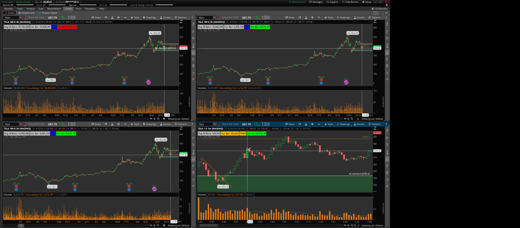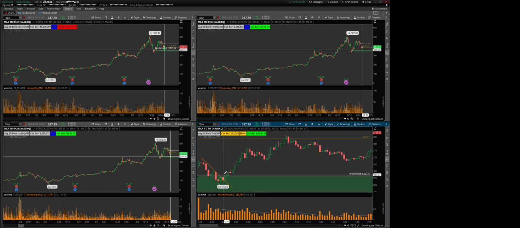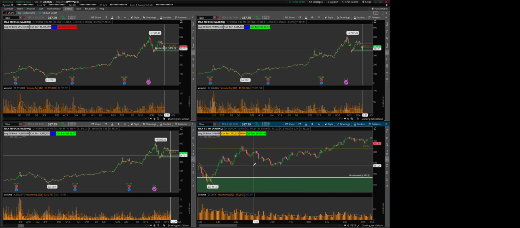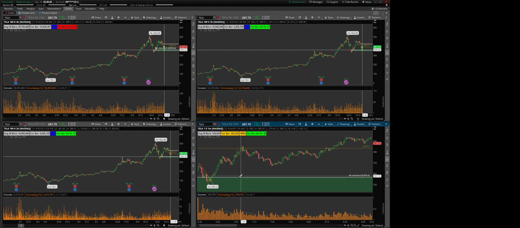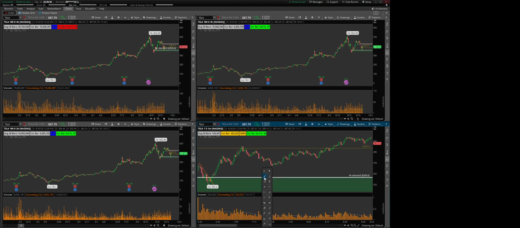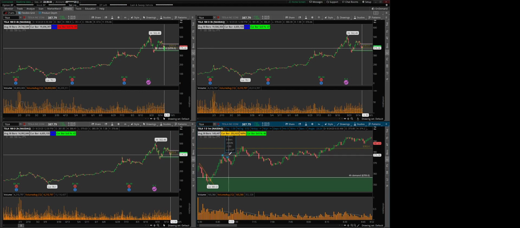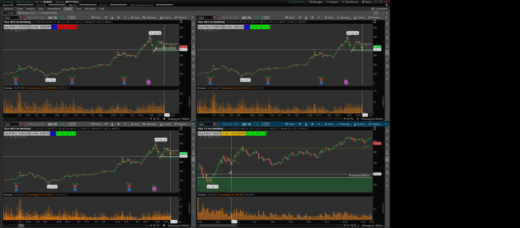But now look at this rally. Actually I missed this play, but I shifted my bias on Tesla to long. Then I saw this forming, this flag, and I took this long.